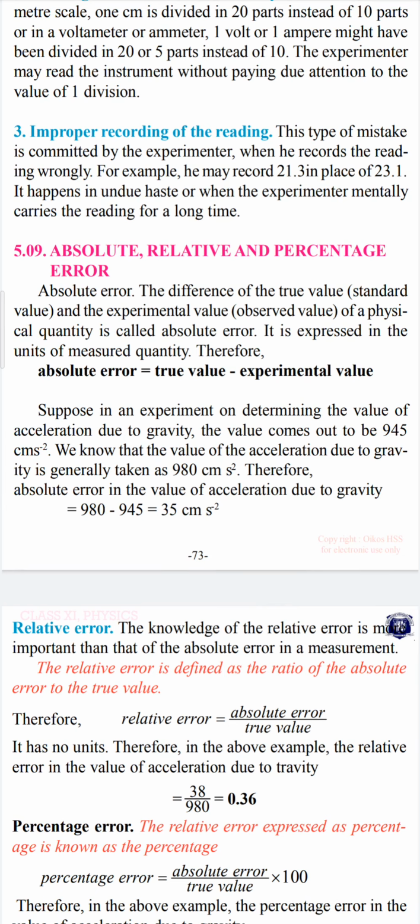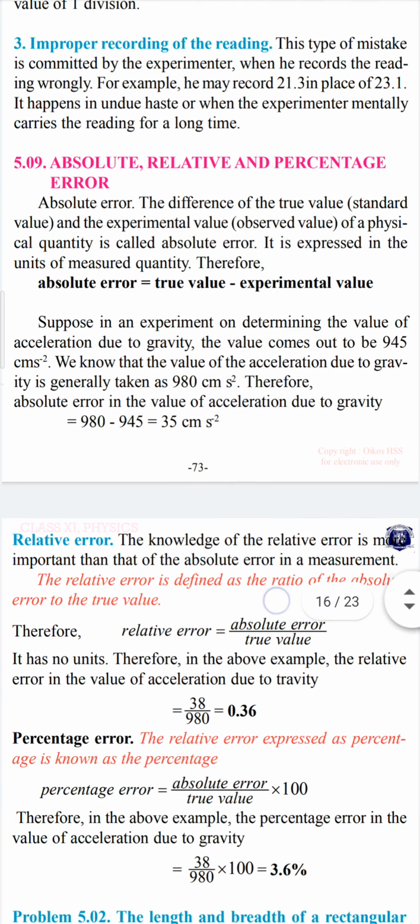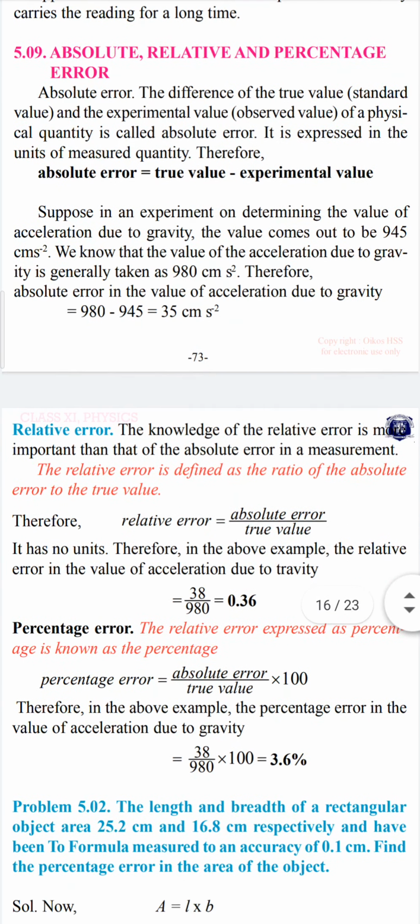Suppose in an experiment on determining the value of acceleration due to gravity, the value comes out to be 945 centimeter per second square. We know that the value of the acceleration due to gravity is generally taken as 980 centimeter per second square. Therefore, absolute error in the value of acceleration due to gravity equals 980 minus 945 equals 35 centimeter per second square.